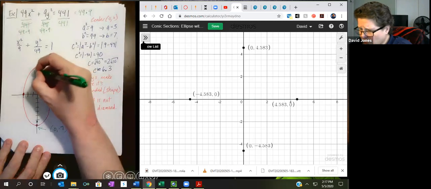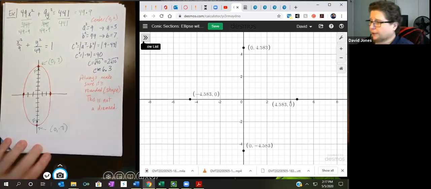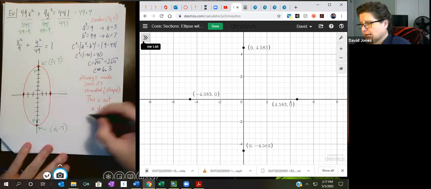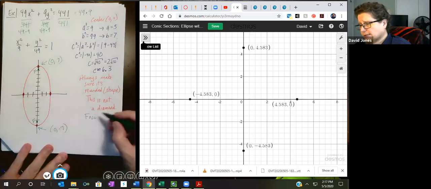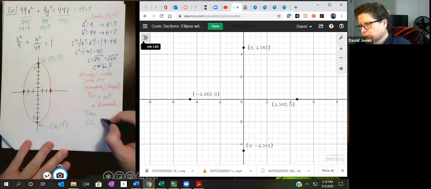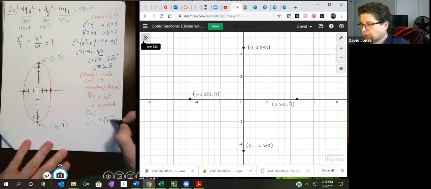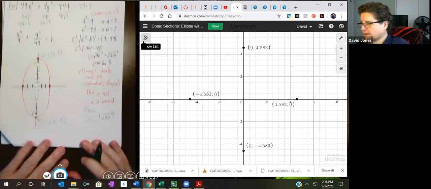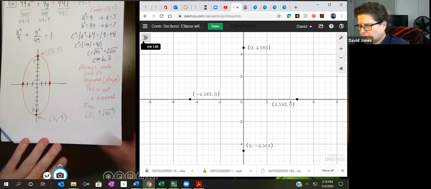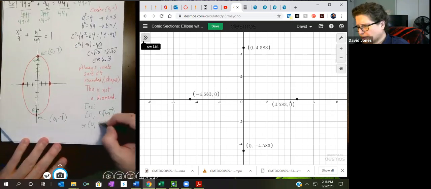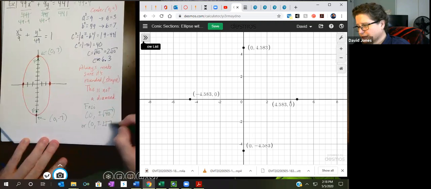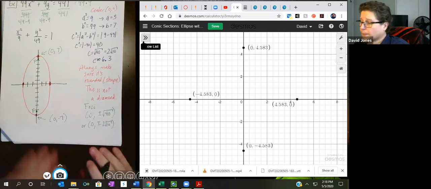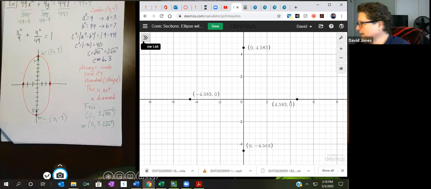So that's a focal point. That's a focal point. And my foci are at 0 plus or minus the square root of 40, or 0 plus or minus 2 root 10. That's probably the cleanest form. As soon as you round to 6.3, you start losing some info, and I don't recommend it.